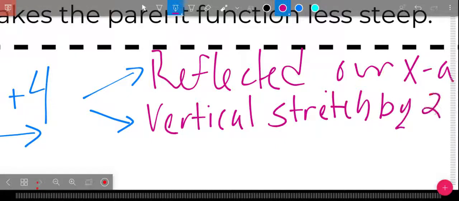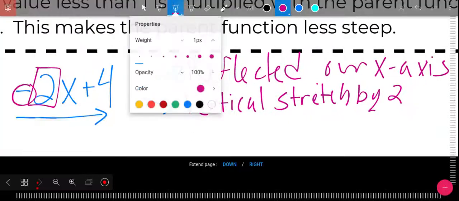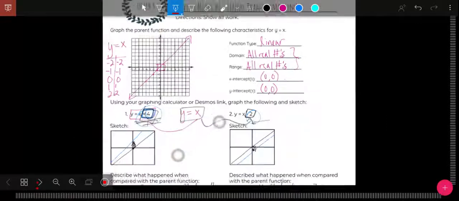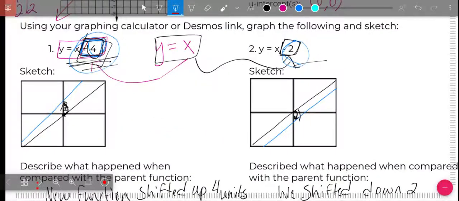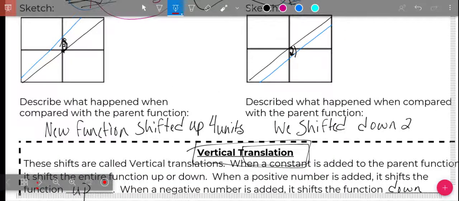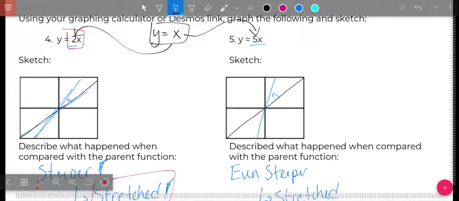And then last but not least, the thing that we notice is now we have this 4 right here. The last thing we have to take care of is the 4. If we look back at that front page, anytime we are adding or subtracting, that shifts it up and down. Well, it's a positive 4, so that means it's been shifted up.